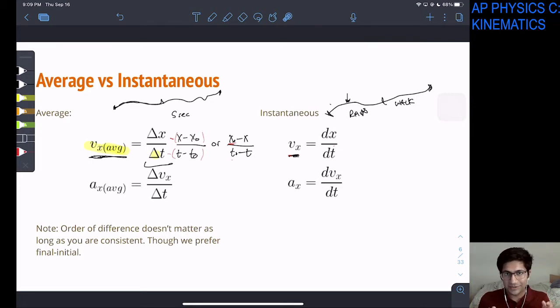It also holds for just a velocity expression in general. But the key thing here is that you need this to be a function of time, so that way you can pick up that individual point.